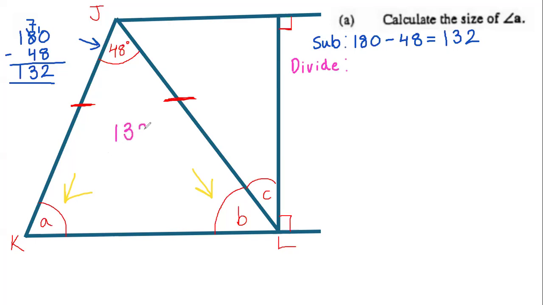So if we have 132, we're trying to split 132 into two equal parts. It's basically us taking 132 and trying to share it or split it. So we're going to say 132 divided by 2. Very good.